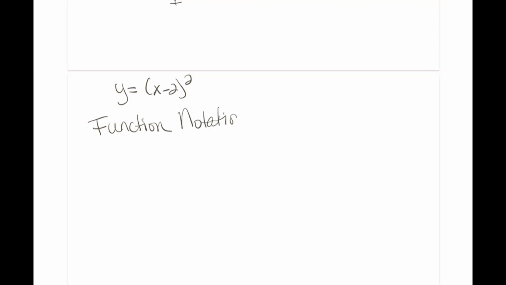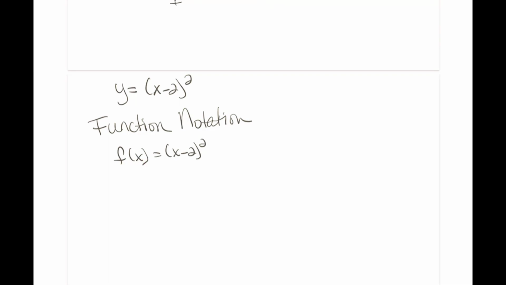It's just a nice little fancy word. We're going to write this in a fancy way. So instead of writing the y, we're going to write this as f of x equals (x minus 2) squared. So the only difference is instead of writing y, we're writing it as f of x.